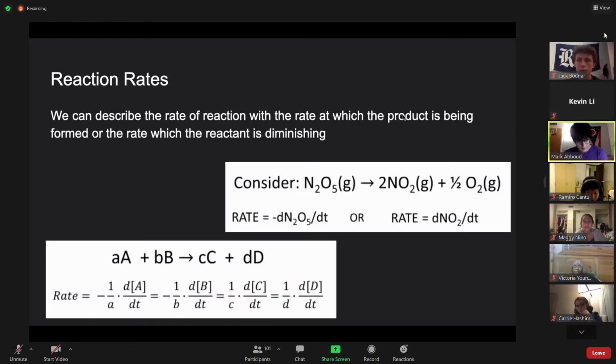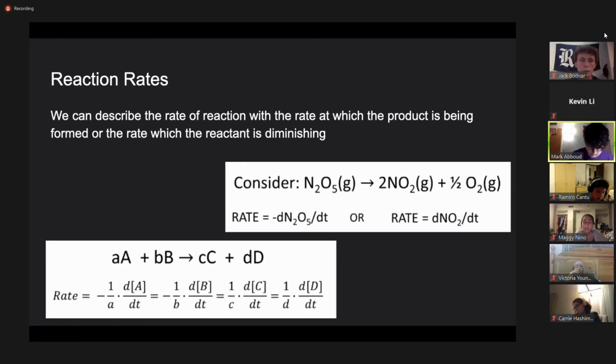And as we have these reactions, we have different reaction rates. The rate is described as either the change in concentration of the products or the change in concentration of the reactants. I've written here, we can describe the rate of a reaction with the rate at which the product is being formed or the rate at which the reactant is diminishing, because we want to know how fast the products are being formed.